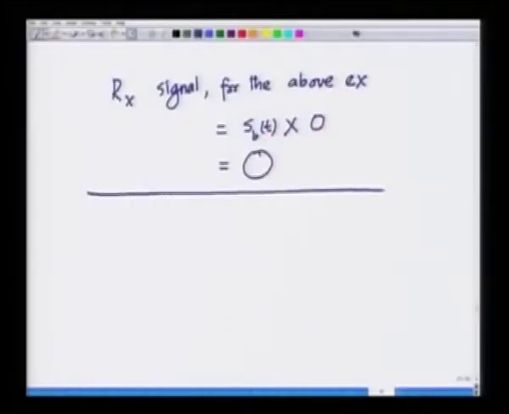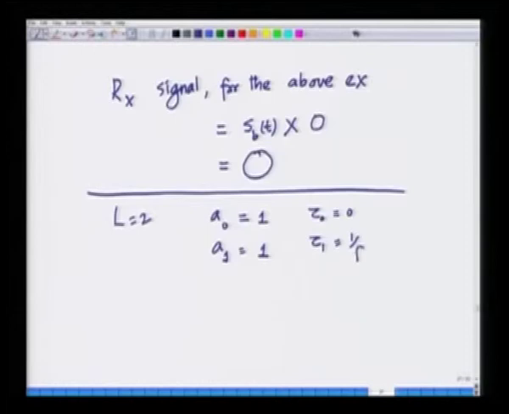So, even though you are transmitting a signal, because both the paths, by virtue of one path being delayed compared to the other path, are cancelling each other, as a result you are not getting any signal at the receiver. Now, as an alternate to that, consider another scenario where, again considering L equals 2 paths, A0 equals 1, A1 equals 1. However, the delays now are tau 0 equals 0 and tau 1 equals 1 over Fc.